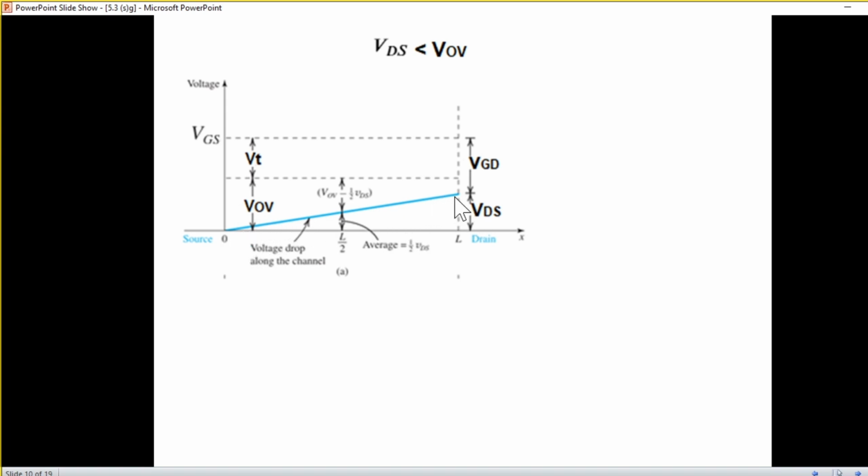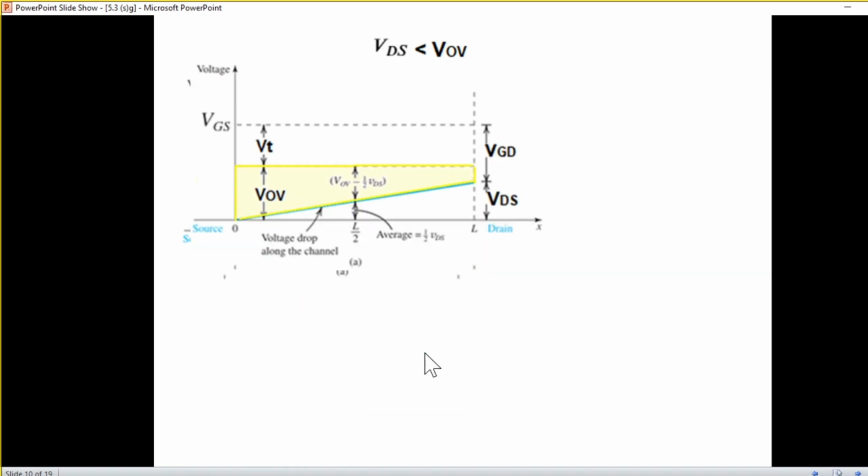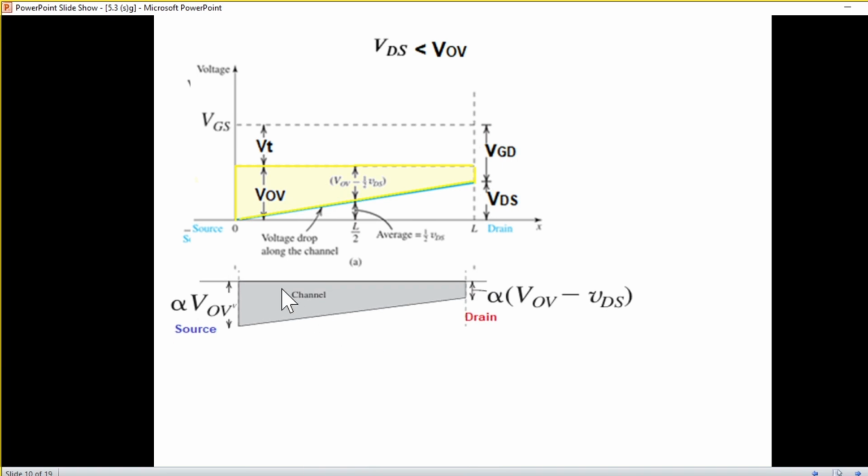So this is the voltage drop. Then this much voltage is available for the channel, which we have highlighted with the yellow color. This is the effective voltage that will drive the depth of the channel. So the channel depth is proportionate to this.